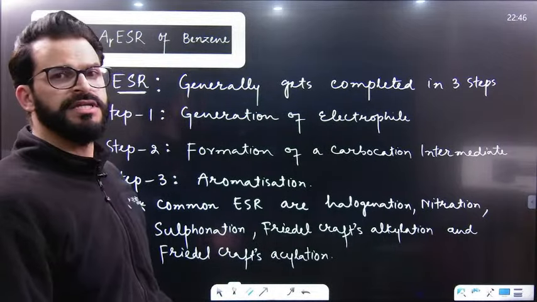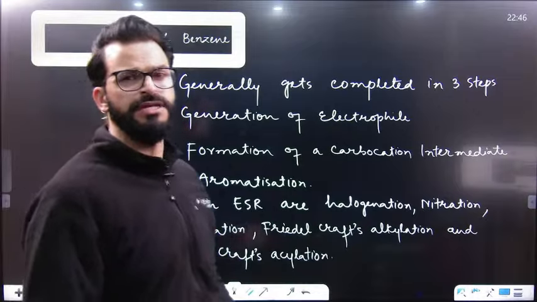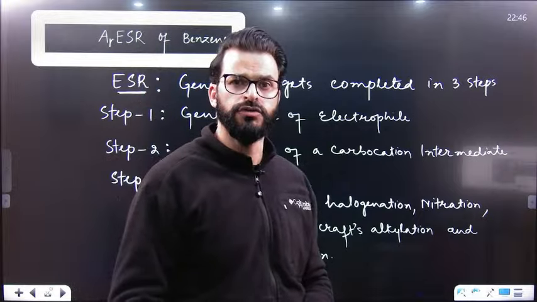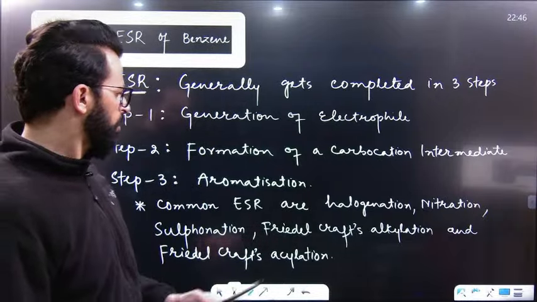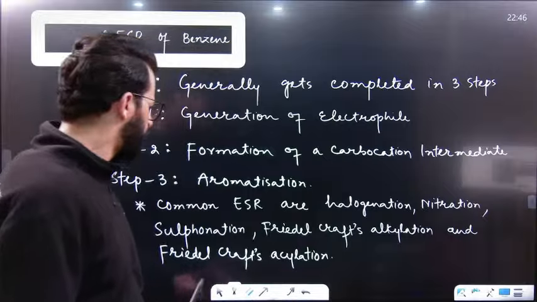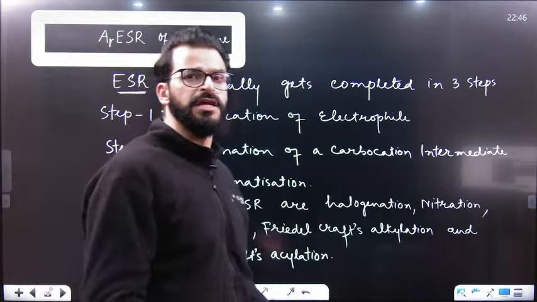Such aromatic compounds generally do not show Friedel-Crafts alkylation or Friedel-Crafts acylation. That means the limitation of Friedel-Crafts alkylation and acylation is that aromatic compounds in which electron withdrawing groups are attached to the aromatic ring do not show Friedel-Crafts reaction, whether it is alkylation or acylation.